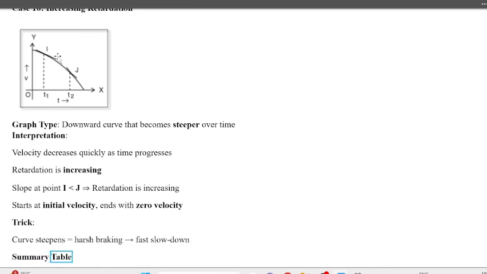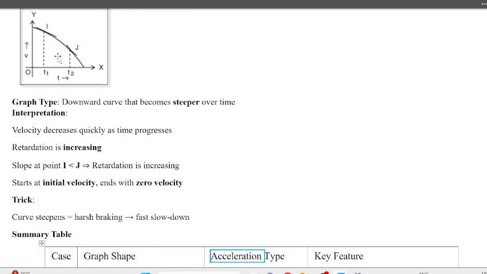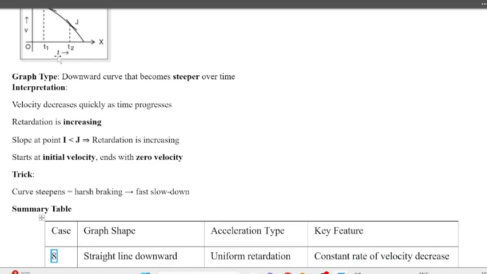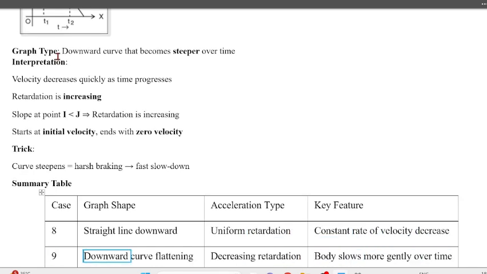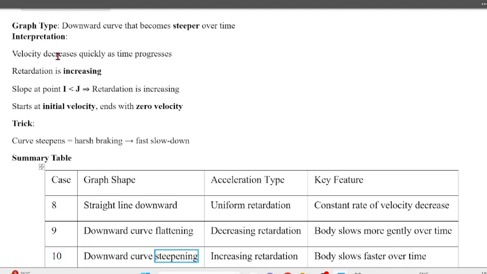Summary table: case, graph shape, acceleration type, key feature. 8: straight line downward, uniform retardation, constant rate of velocity decrease. 9: downward curve flattening, decreasing retardation, body slows more gently over time. 10: downward curve steepening, increasing retardation, body slows faster over time.